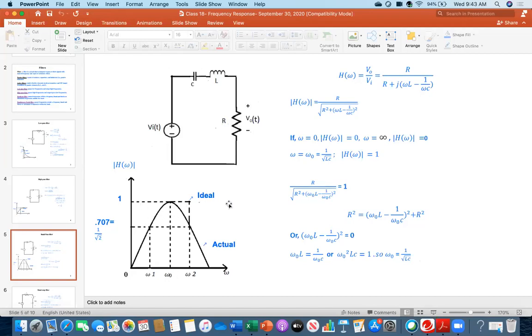Because the value is maximum here, the signal strength or the signal power is the maximum at this point. For a real life example, you are driving your car and you want to listen to a specific band of the radio. You switch there, either high pass, low pass, band pass, whatever, and you want to listen at a loud voice.